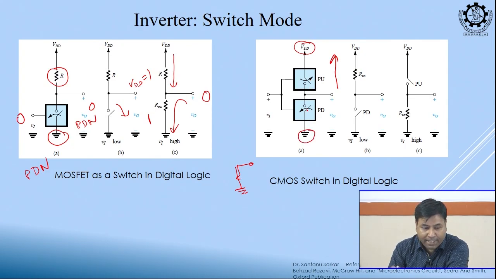And just like this MOS can behave like a switch, if I can use a complementary MOS on the upper side which can also behave like a switch, then I do not need this passive resistor, right. So, we will see this.